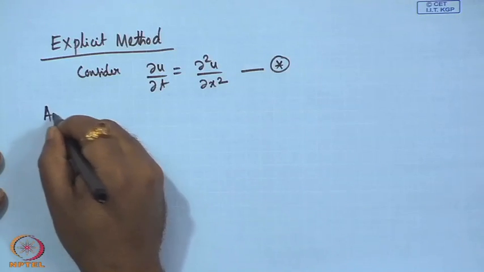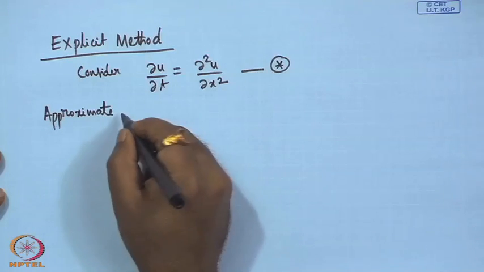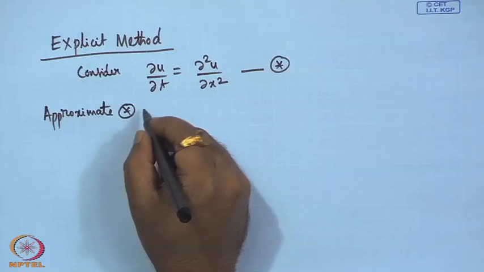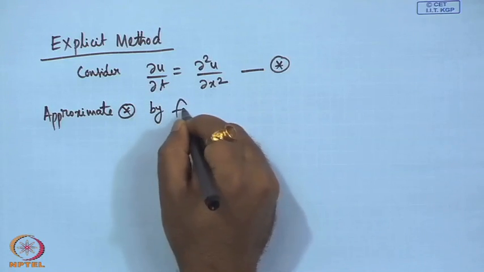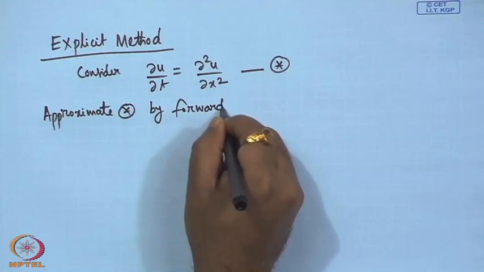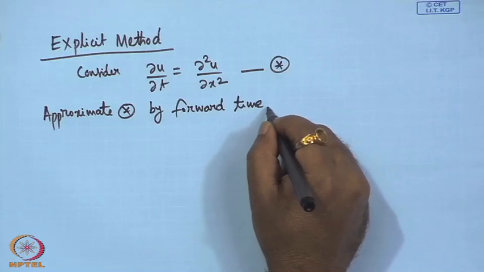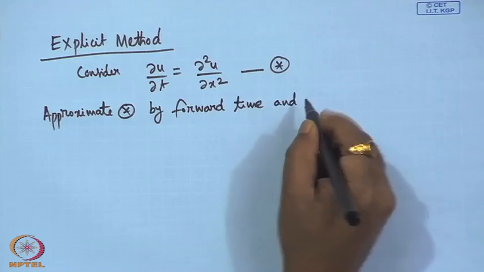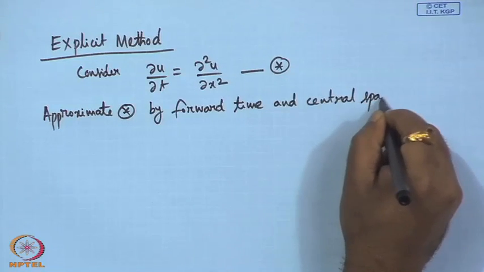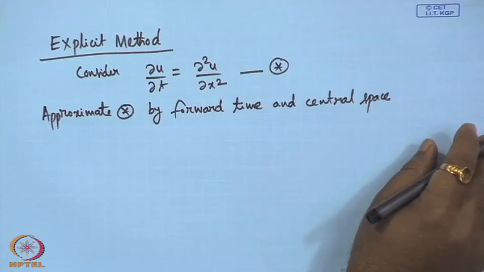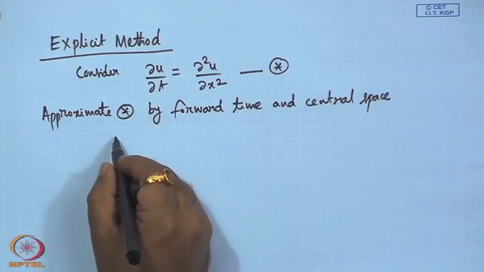Then let us approximate star by forward time and central space. Okay. So, forward time central space.